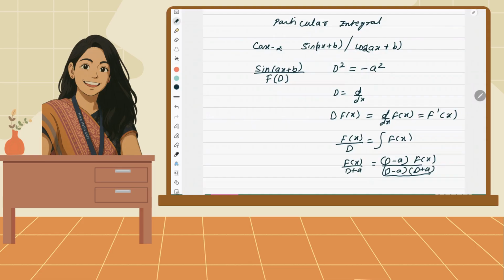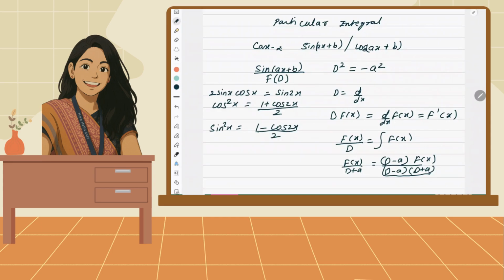Now there are a few more functions which I can convert to sine and cos. For example, 2 sin x cos x can be written as sin 2x. Cos square x can be written as (1 plus cos 2x) upon 2. Sin square x can be written as (1 minus cos 2x) upon 2.